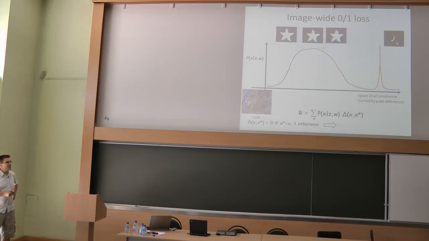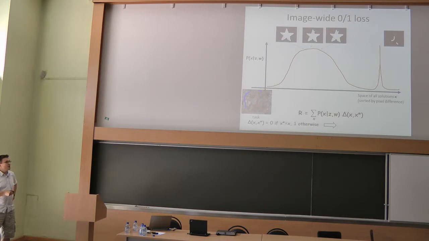So it's like a constant loss otherwise. If you plug this in here, what we see is everybody pays a 1 apart from the right solution X star which we choose. That means to minimize the risk, you have to choose the solution which is the most likely one, right?